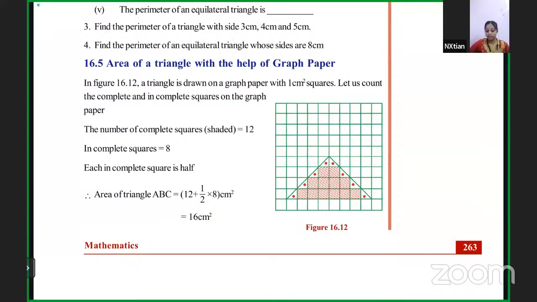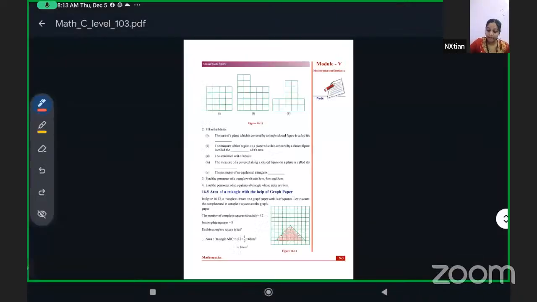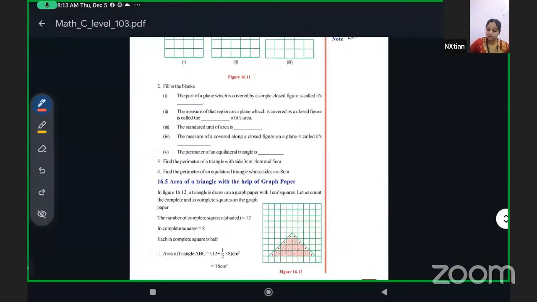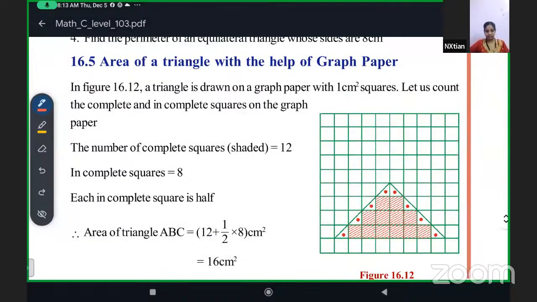Okay. So we have area of a triangle with the help of graph paper. Now, in questions such as these, you will be given the triangle on the graph paper. What we will do is find out its area.